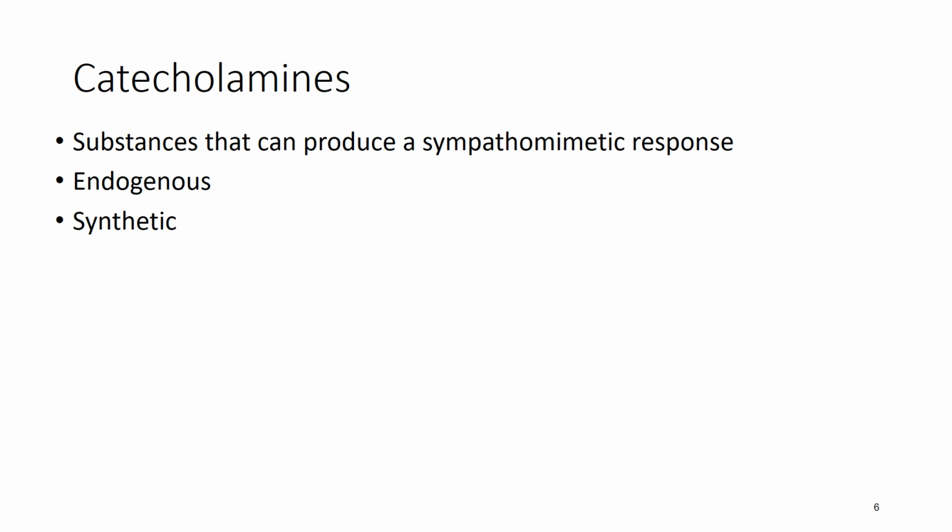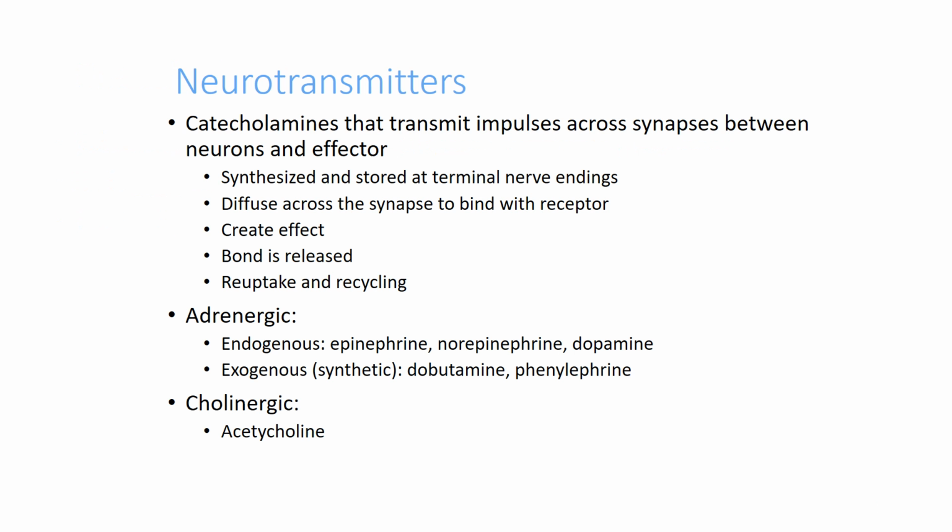Now, catecholamines are substances that can produce a sympathomimetic or parasympathomimetic response. They can be either endogenous or synthetic. Neurotransmitters are catecholamines that transmit impulses across synapses between neurons and an effector.